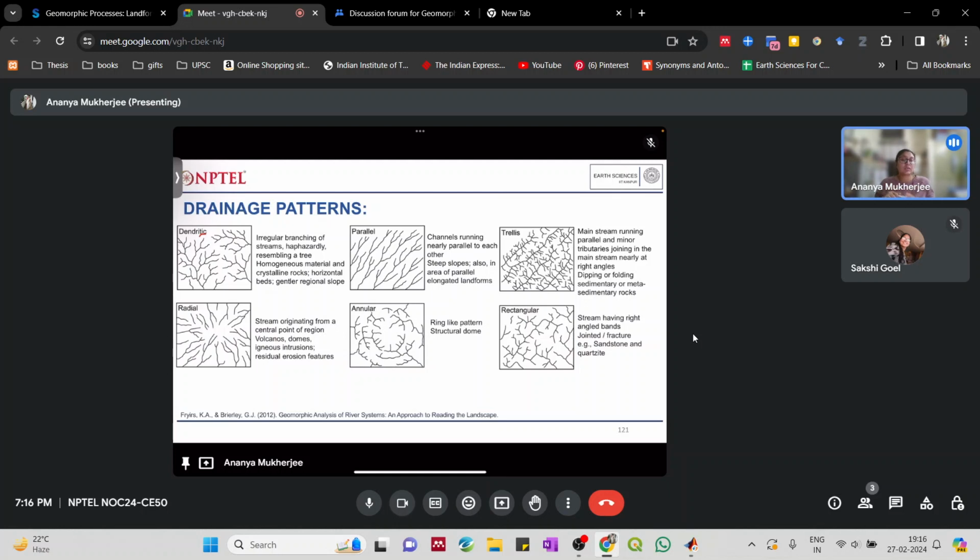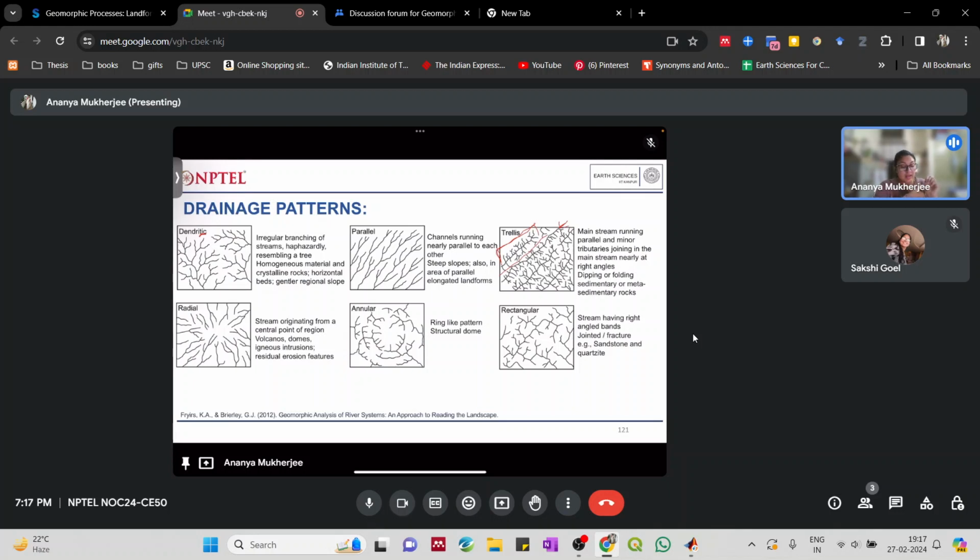Then you have trellis. These can also be found in folded areas where you have, say, the axis of the mountain here and these are the slopes. So these are maybe parallelly folded mountains, and these areas are the valleys between the two fold mountains.